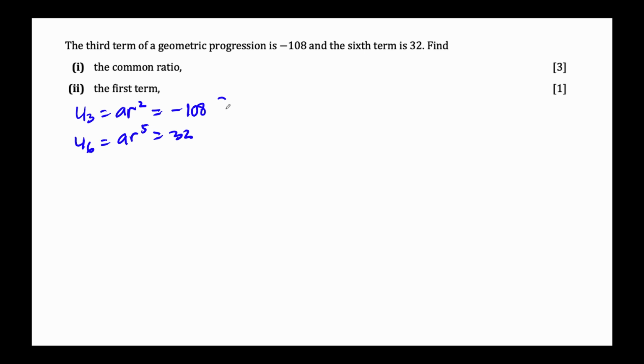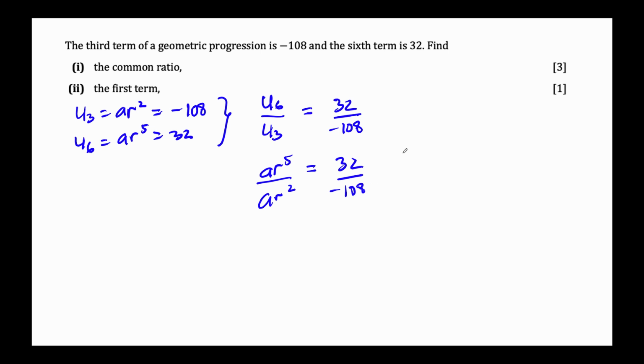If you divide the two, you will get u6 over u3 equals 32 over negative 108. So in this case, ar to the power of 5 divided by ar to the power of 2 equals 32 over negative 108.